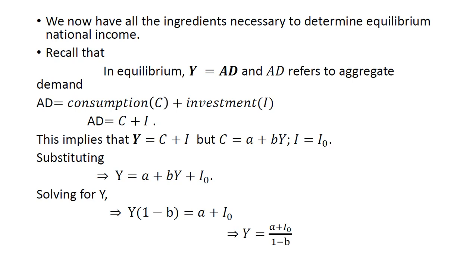So if you substitute all this into the Y equation, we'll have Y is equal to A plus BY plus I naught. And we can solve for Y, which will give us A plus I naught over 1 minus B. This is just a simple expression that you do substitution. You move the Y to the left side and you factor out the Y. So Y into bracket 1 minus B. Then you divide both sides by 1 minus B to get A plus I naught over 1 minus B.